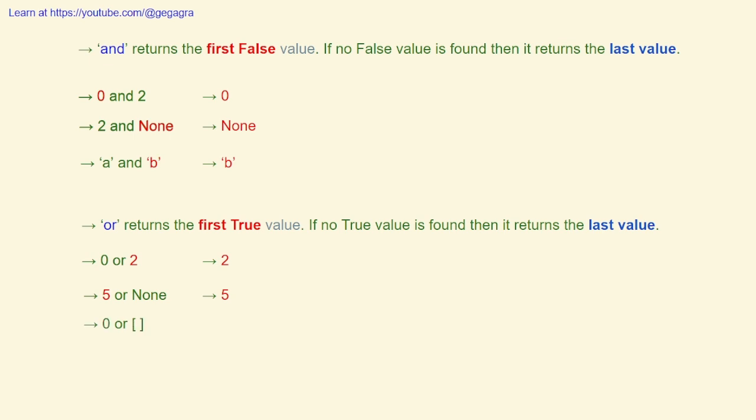Next statement, 0 or empty list. Since there is no true value in this statement, it should return the empty list. None or 0: there is no true value, and that is why it will return 0 as the output.